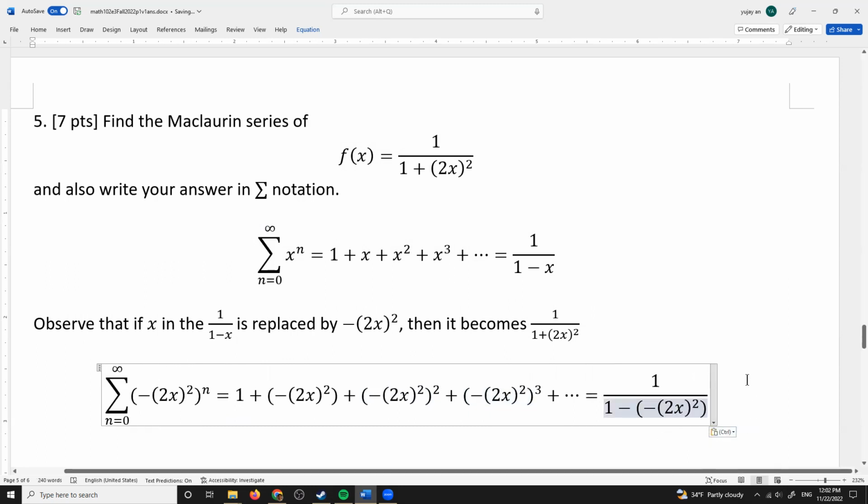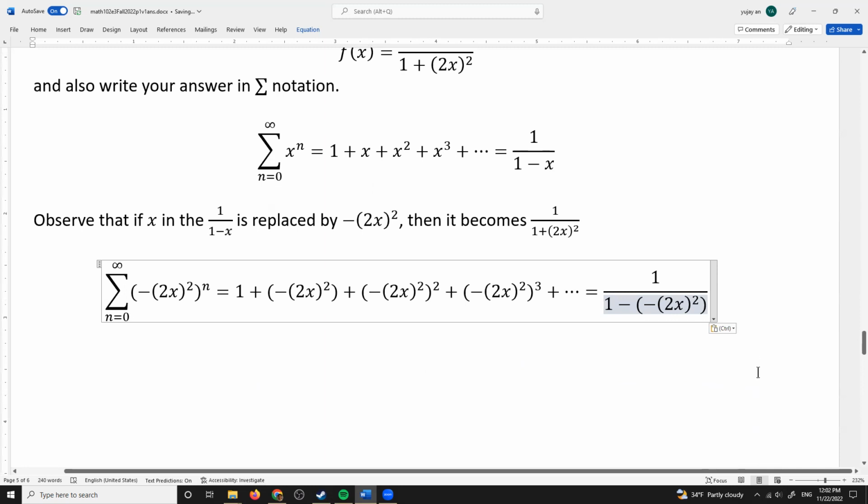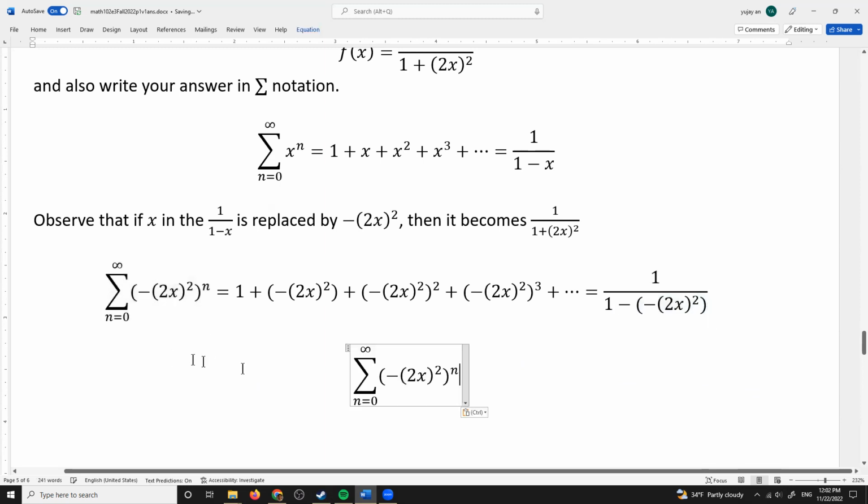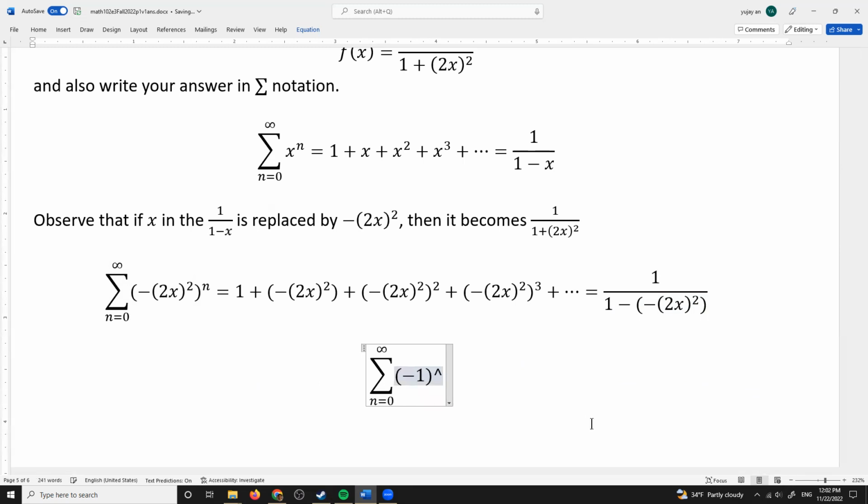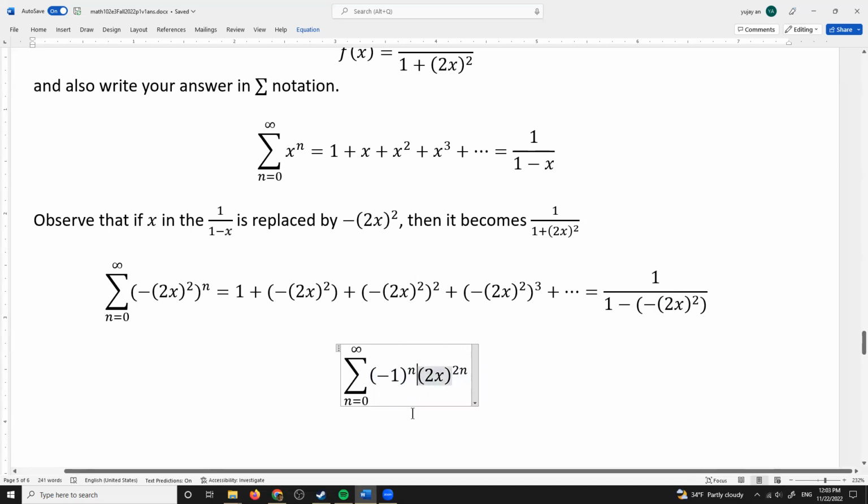Okay. And the end result is that the right side, let me see. Well, this is the same thing as negative 1 to the nth power times 2x squared to the nth power, so it's the 2nth power. That's what you get on the left side. Or maybe I should spell it out. Let me just spell it out.